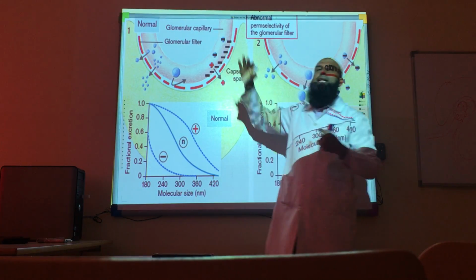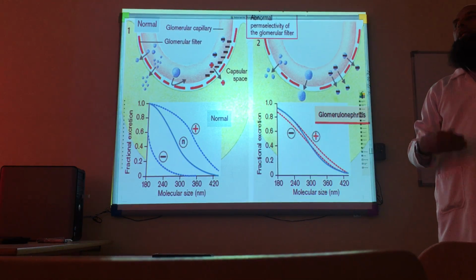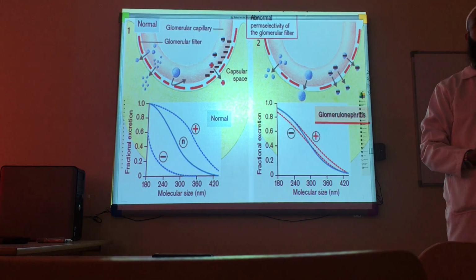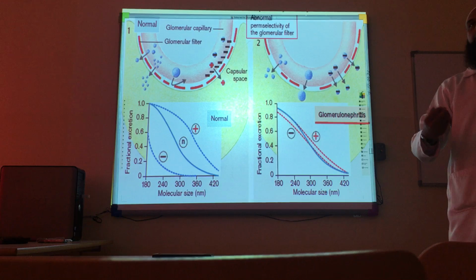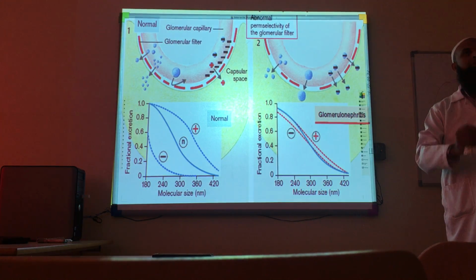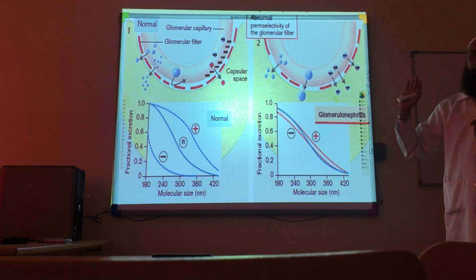So they will go back, and that's why the proteins which are larger in size should never be seen in a normal person's urine. You got the point? Like albumin, globulin, which is even larger. So they should never be seen in a normal person's urine if the glomerulus is normal.